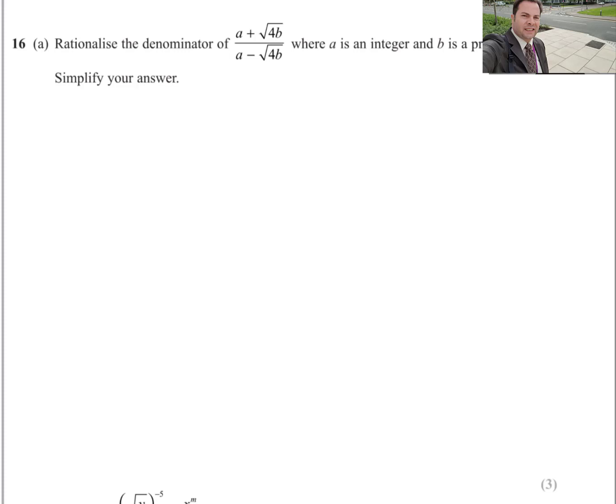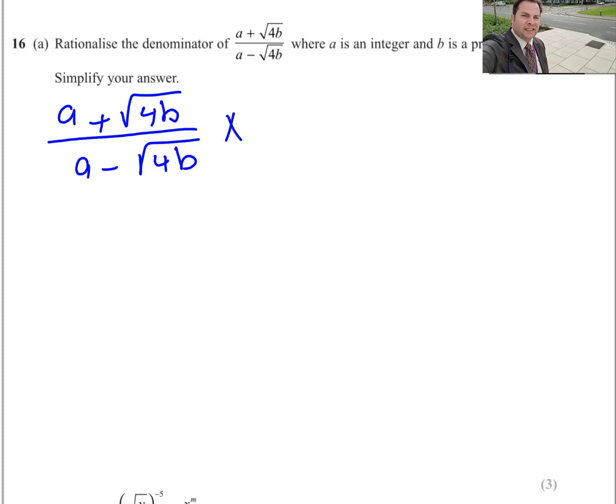If you write a plus square root of 4b divided by a minus square root of 4b, to rationalize, multiply by the conjugate, which is a plus root of 4b divided by a plus root of 4b.